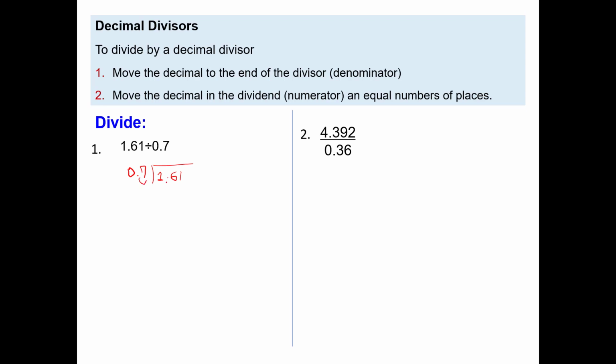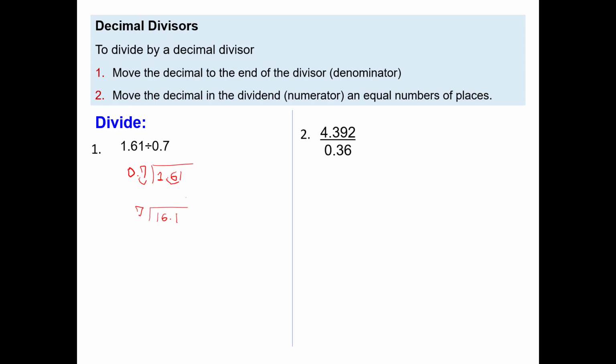We will do the same here, move one place. And let's rewrite the division again. Then what we want to divide is 16.1 by 0.7. Now we will just solve the division.